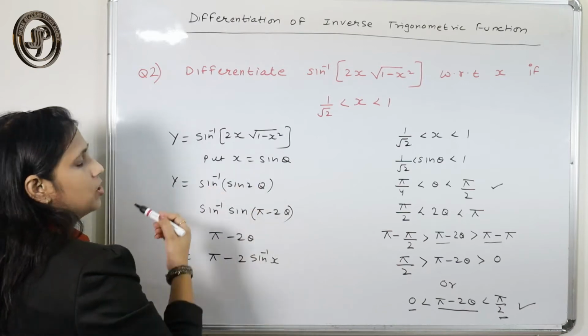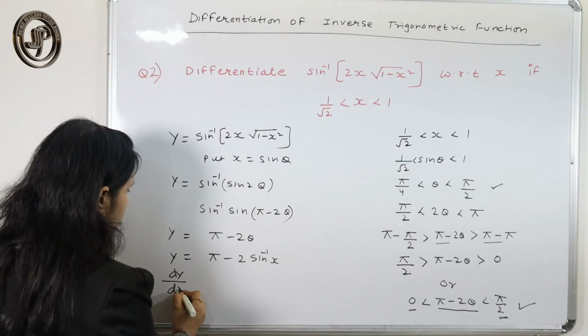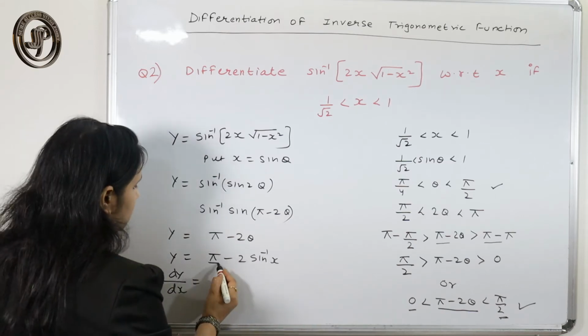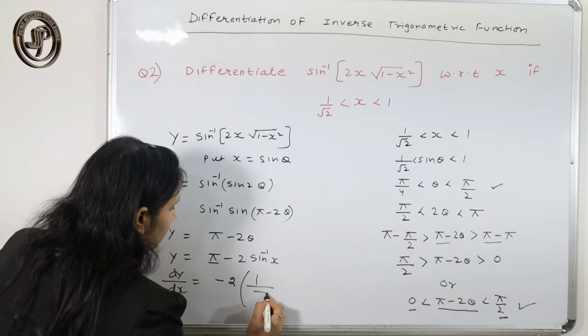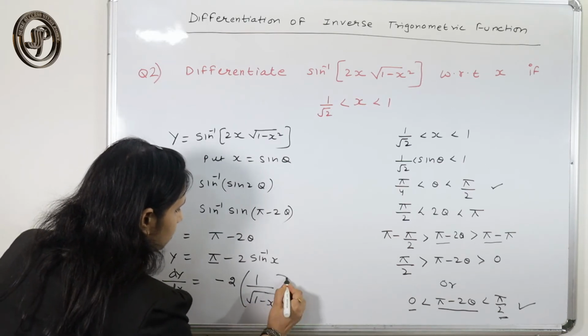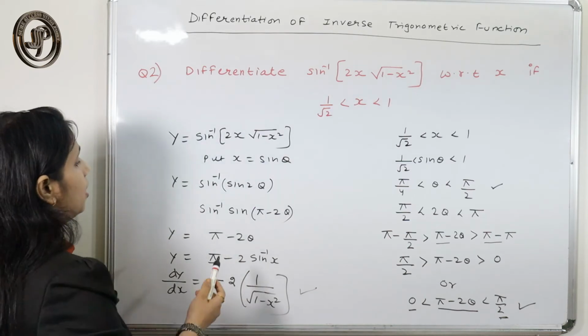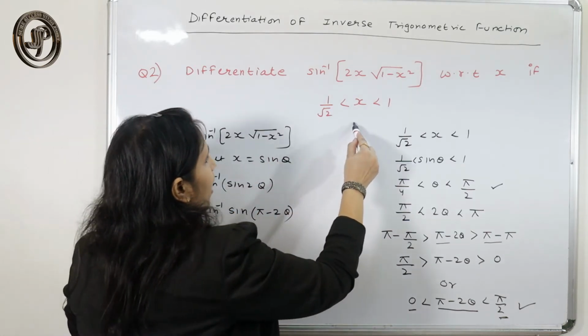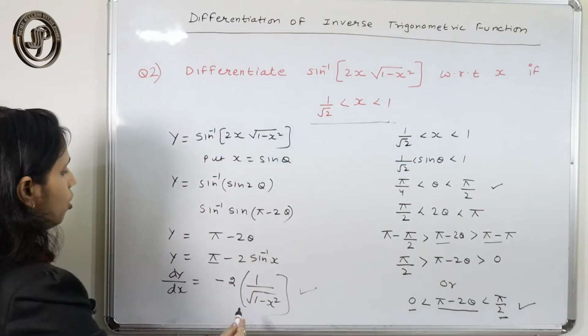Now differentiate. So this is a constant term, differentiation is 0, 2, and that is 1 minus x square.